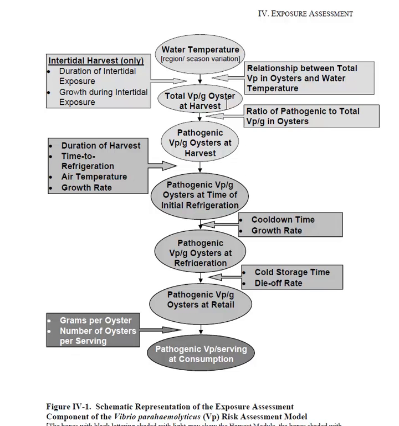But in this conceptual model, the need to do so was recognized very early in the layout of the conceptual model. So in the conceptual model, they're working with the number of pathogenic Vibrio parahemolyticus per gram of oysters at the time of harvest. The next concern is what happens after harvest.